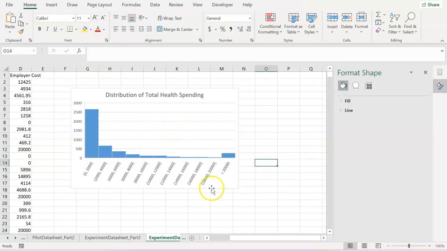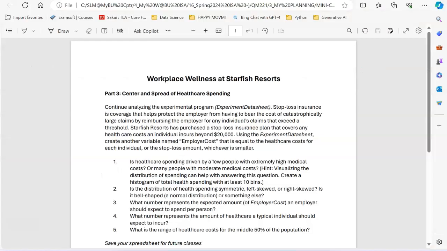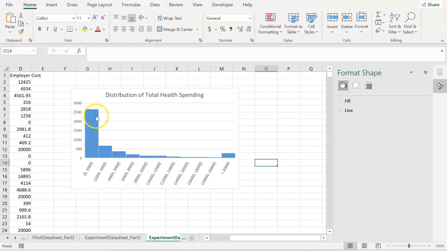That's the first question. And so to answer the question, is health spending driven by few people with extremely high medical costs or many people with moderate medical costs? Well, it looks like the majority of people have a very low spending amount, less than 2000.